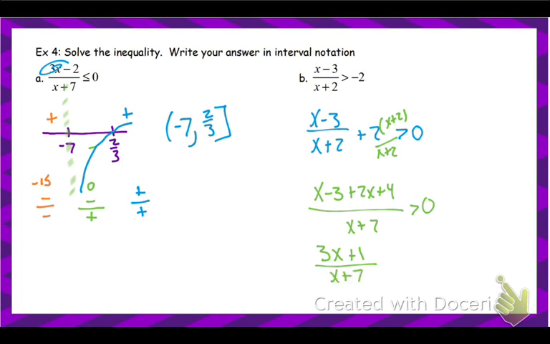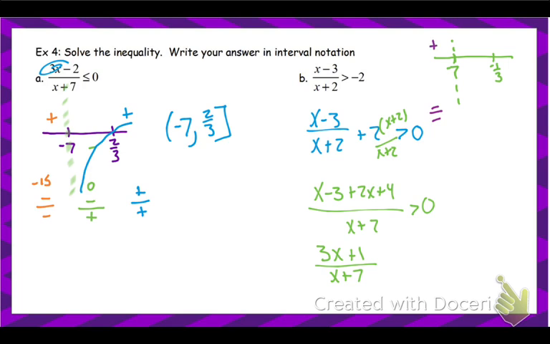That means I'll put my sign chart up here. -7 is my vertical asymptote, and -1/3 is my x-intercept. Pick some test points and plug them in. Anything to the left of -7, like -10, would be a negative divided by a negative, which is positive.